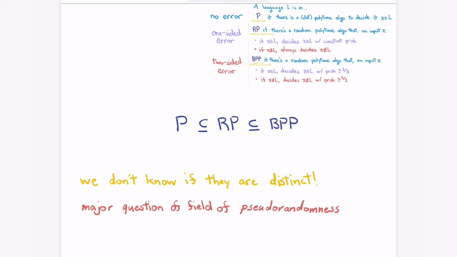NP means that I can check a solution is correct in polynomial time given a proof. For example, I give you a graph x, and the graph is in the language if there is an independent set of size at least k. The proof would be the independent set of size at least k, which I can double check. But let's look at just RP and NP. Does anyone see a possible connection?